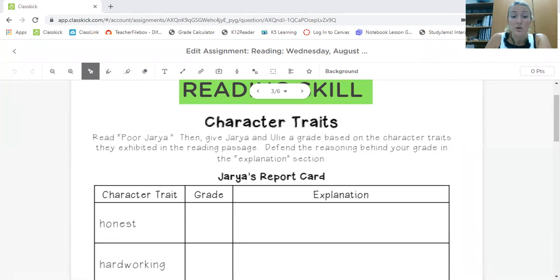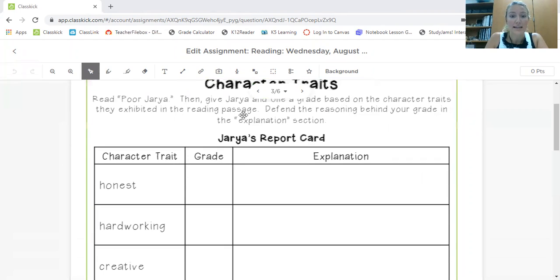There is an example of her wanting to tell the truth. When her mom came in, she was thinking, maybe should I tell mom what happened? And then Yuli ended up telling the truth herself. So Jarya couldn't decide whether she should tell the truth about Yuli's behavior.